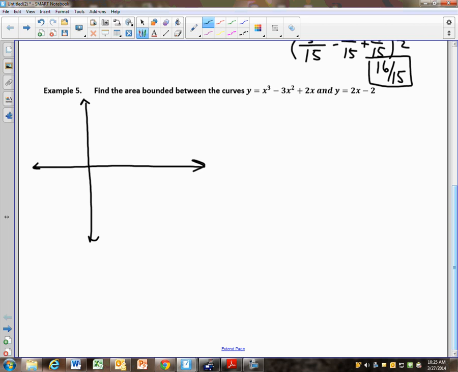All right. What does y equals x to the 3rd minus 3x squared plus 2x look like? So if I want to graph it, I think the easiest way is if I can find the x-intercepts. And this does factor, we can factor out an x, right?